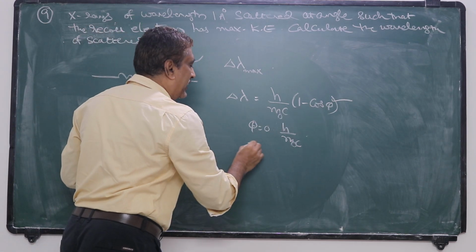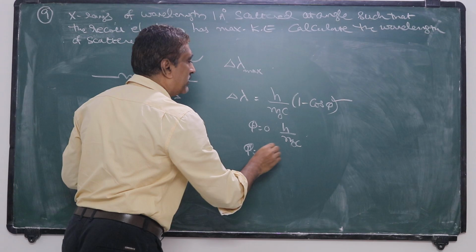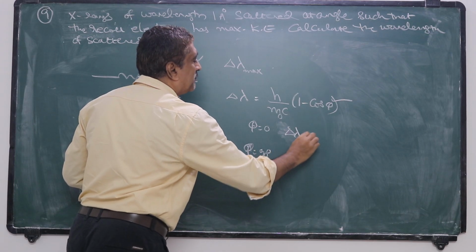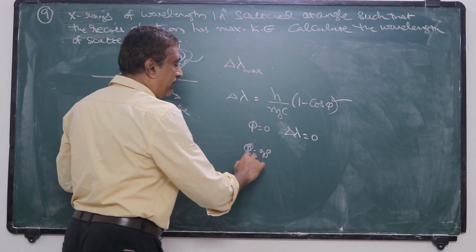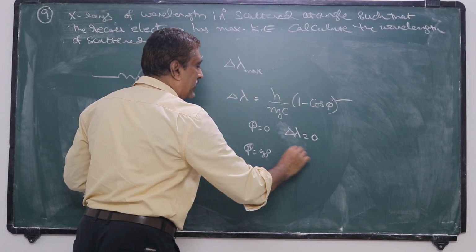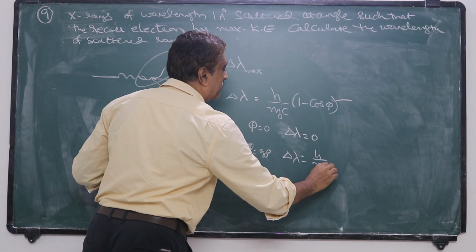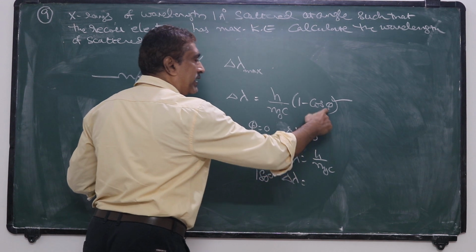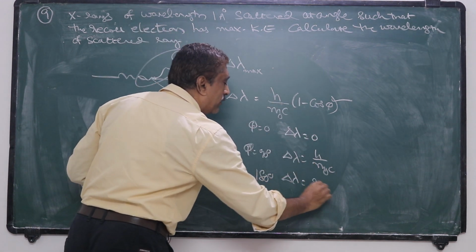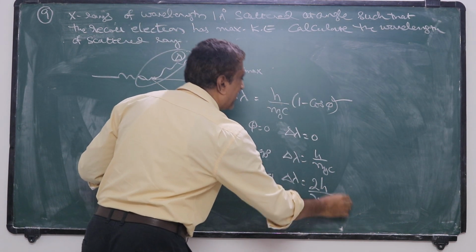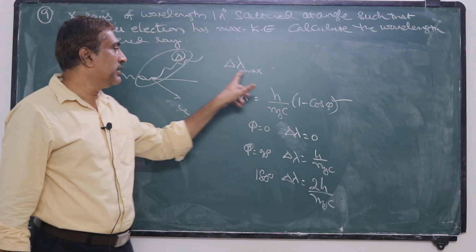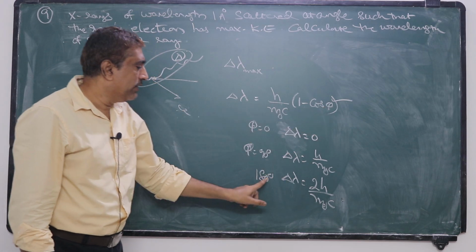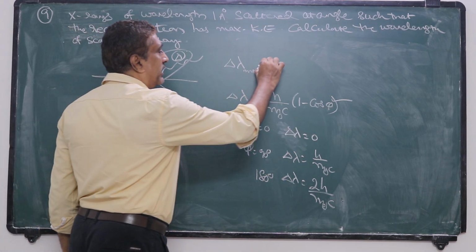If phi is 90 degree, then the shift is h by m naught c. If phi is 180, it is minus of minus 1 plus 1, so we will get 2h by m naught c. So this shift will be maximum. That means the Compton shift is maximum when phi is 180 degree.